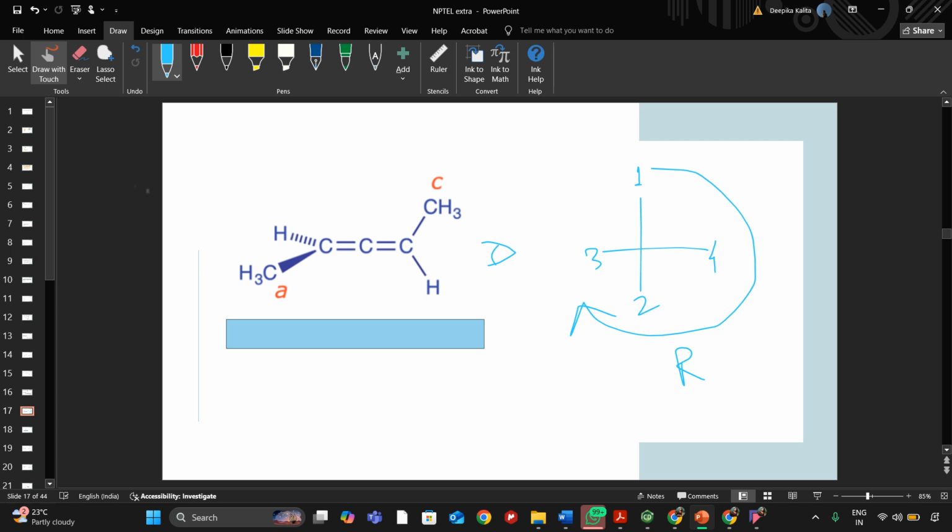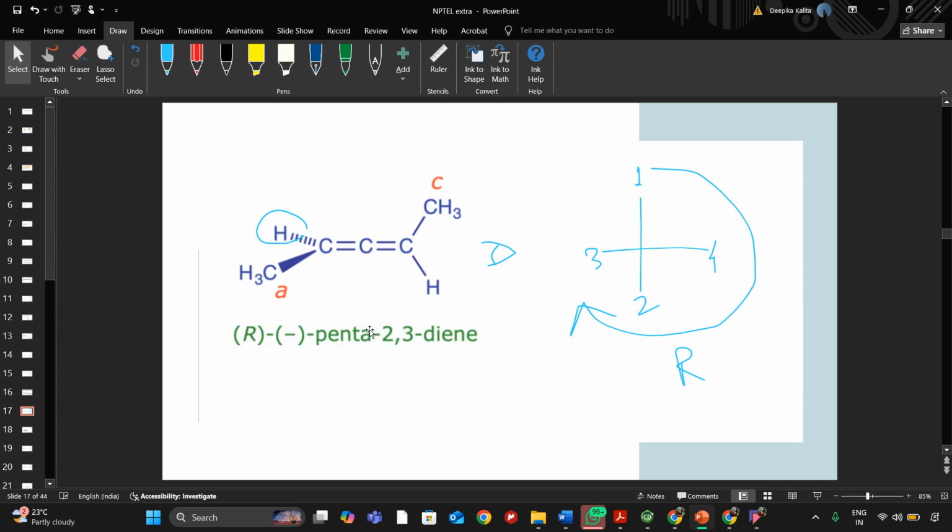Also, the fourth substituent is present away from us, so we do not have to interchange it to S. Hence, it will remain R penta-2,3-diene. Okay, the absolute configuration of this compound will be R.